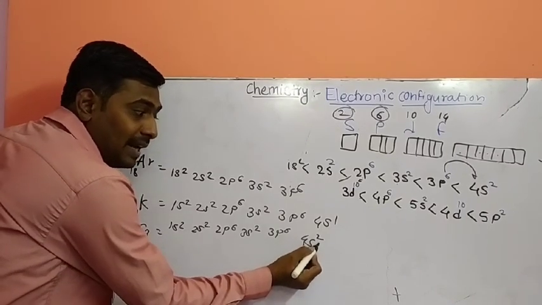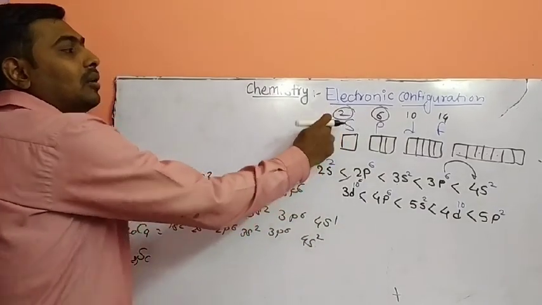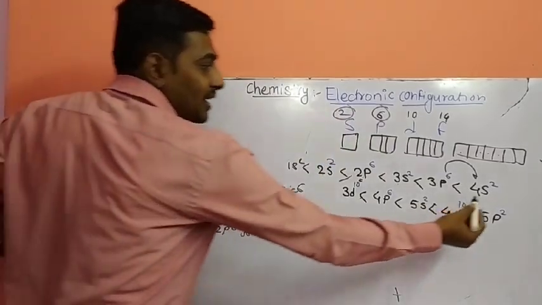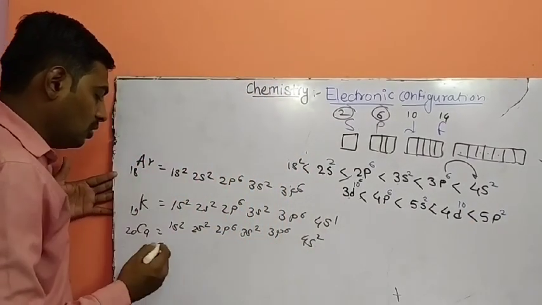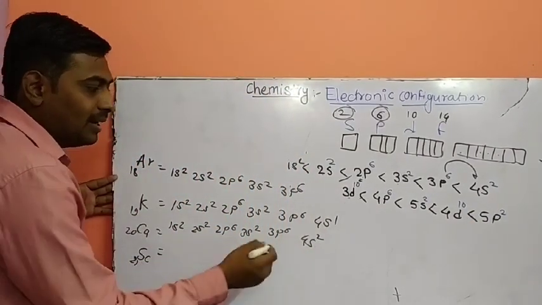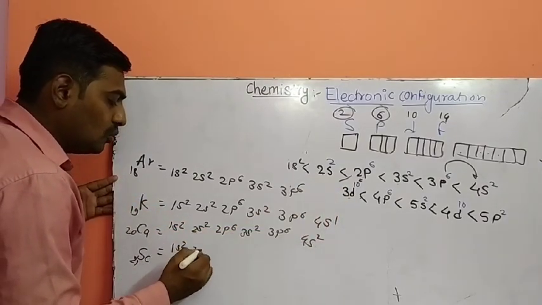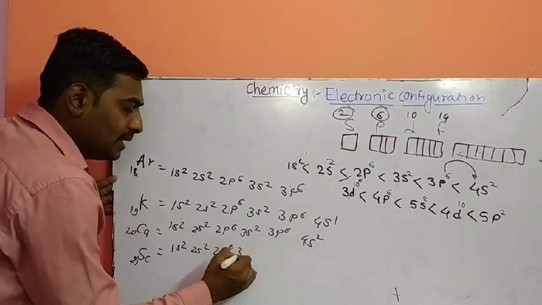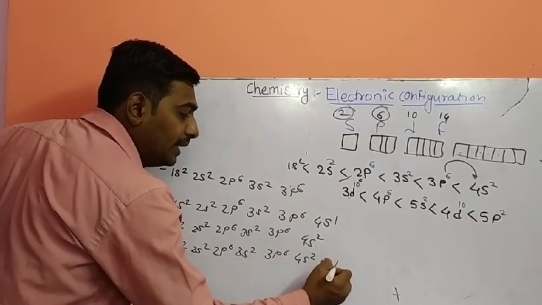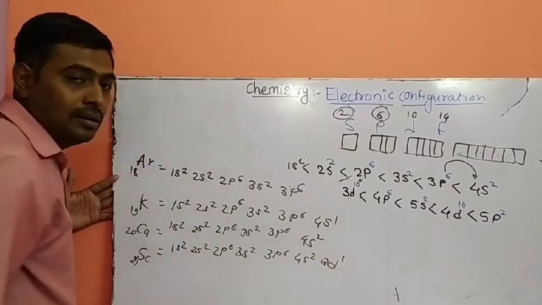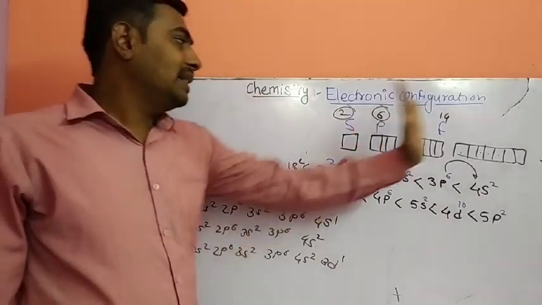Can we write the next electron in the 4s orbital? No, because the s orbital has 2 electron capacity. After the s orbital, which orbital is there? The 3d orbital. So for 21 the next electron enters in 3d: 1s2, 2s2, 2p6, 3s2, 3p6, 4s2, 3d1.